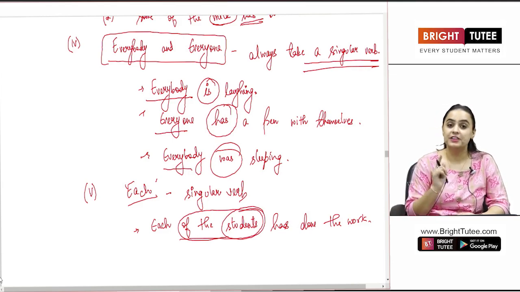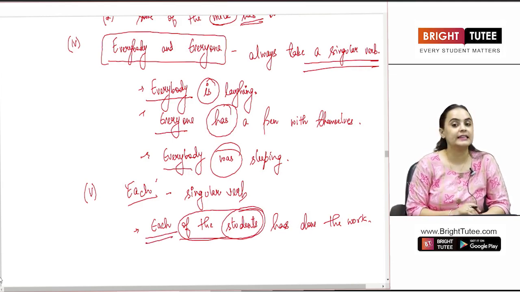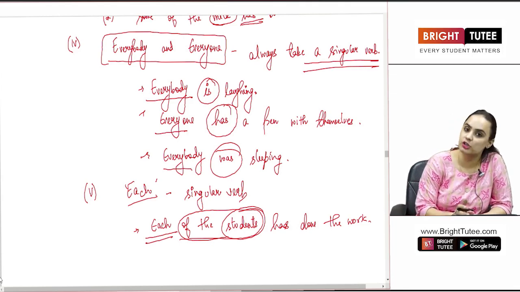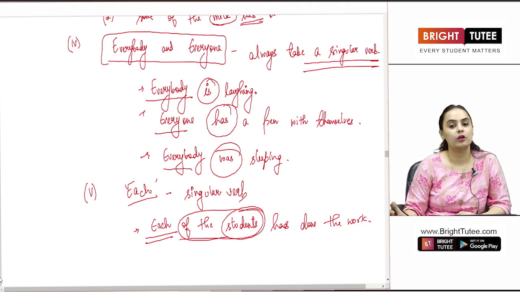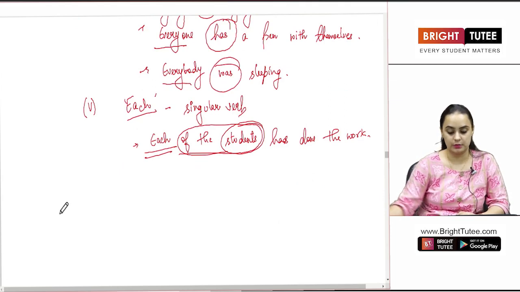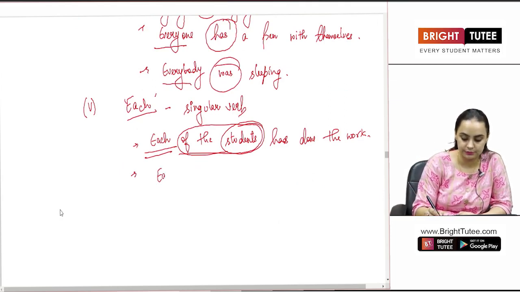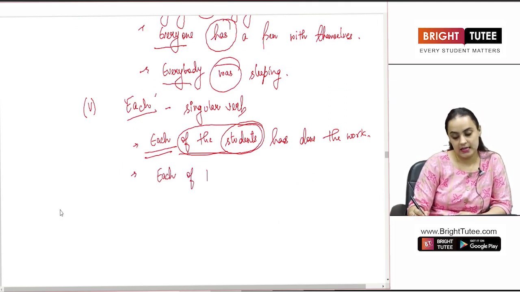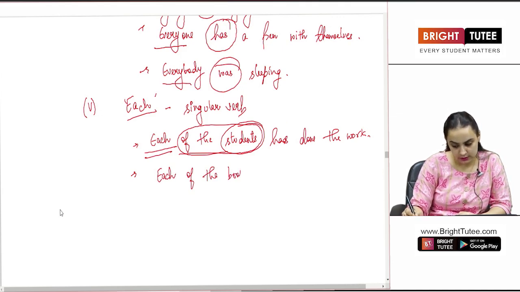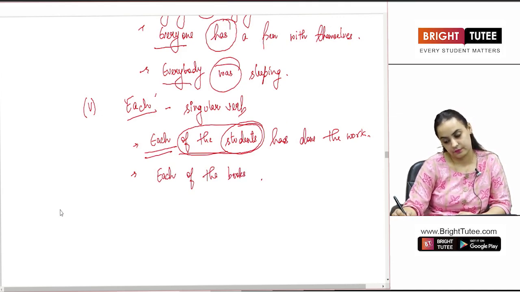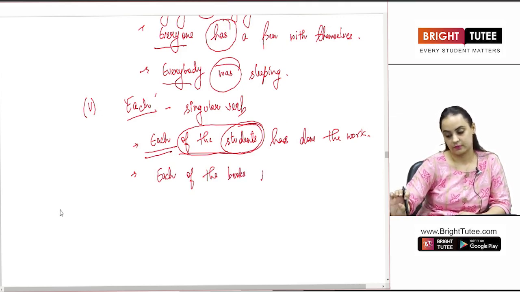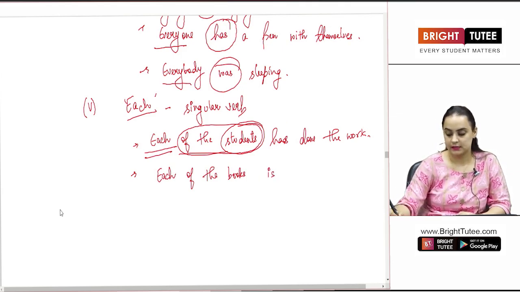No, we have to look at each. If you have each in the sentence, it will always have a singular verb in it. Another example, each of the books is torn.